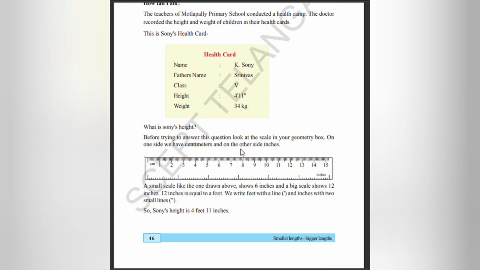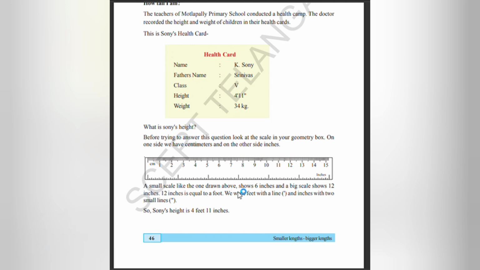What is Soni's height? 4'11" means here, isn't it? Before trying to answer this question, look at the scale in your geometry box. On one side, you have centimeters and on the other side inches.